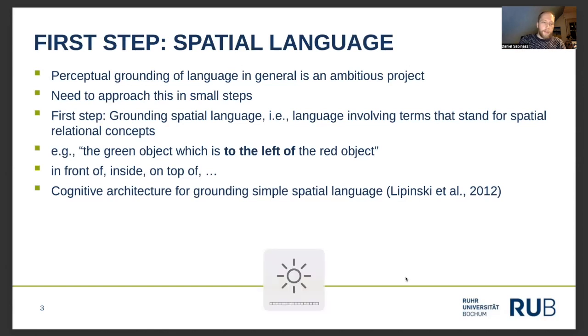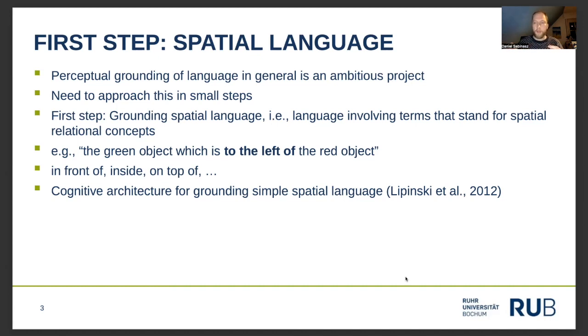And there have been multiple models in the last 10 years along these lines, all of which build towards a more comprehensive model of perceptual grounding, step by step.